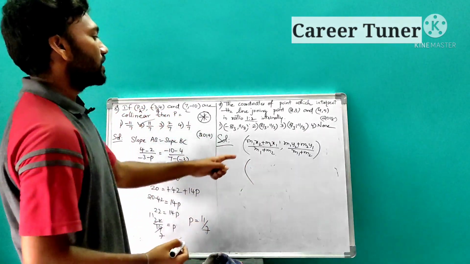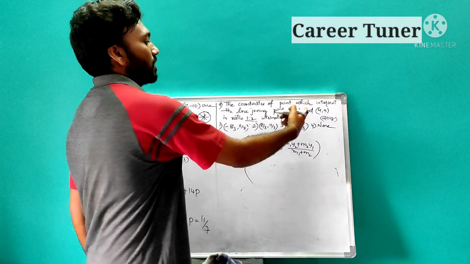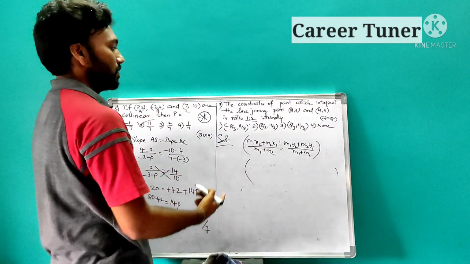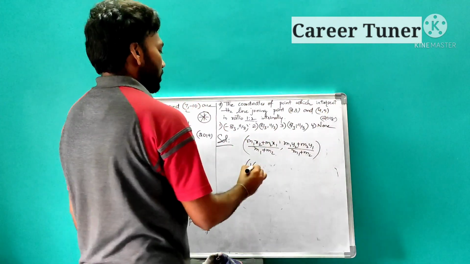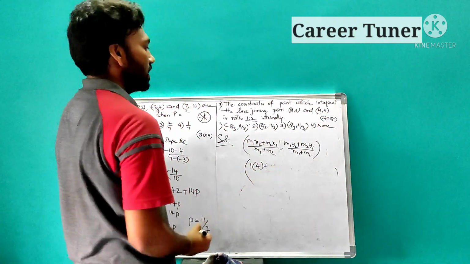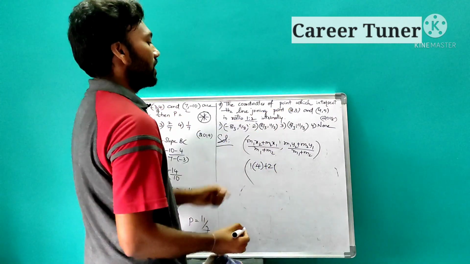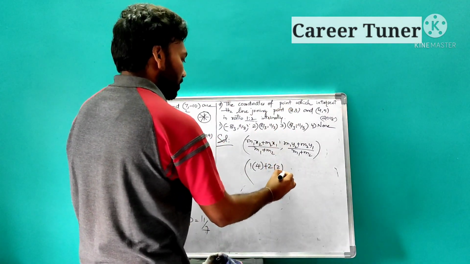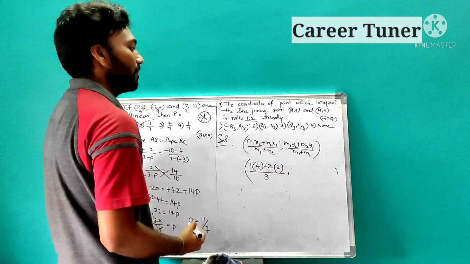Now what is m1? m1 is nothing but 1, m2 is nothing but 2. So this is x1 y1, this is x2 y2. Now let us substitute m1, 1 of, what is x2? x2 is nothing but 4, plus m2. What is m2? m2 is nothing but 2 of x1. x1 is nothing but what? 2, by m1 plus m2, which is 1 plus 2, nothing but 3, comma m1.